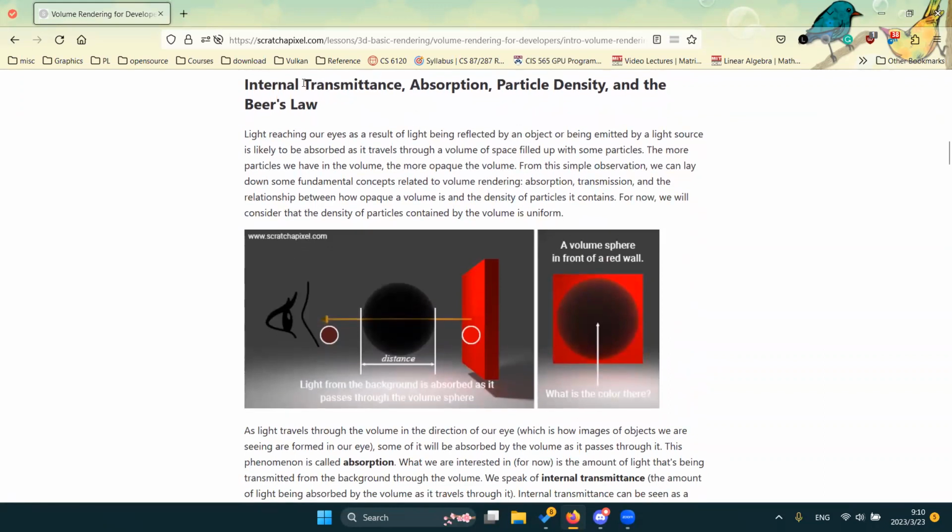I guess here are some basics: internal transmittance, absorption, particle density, and the Beer's law.